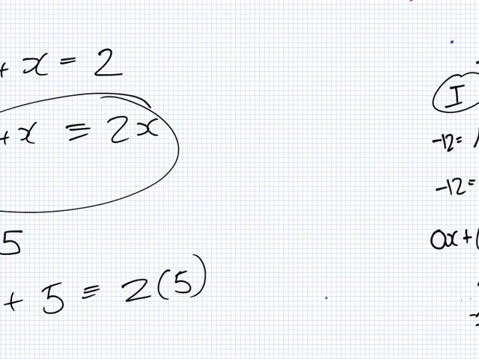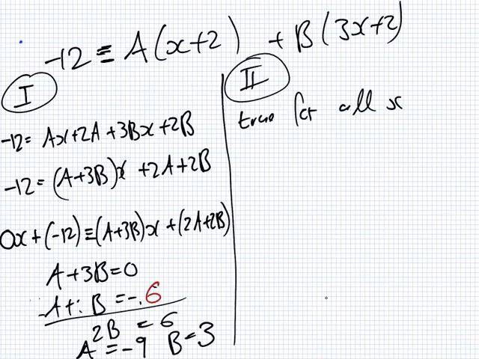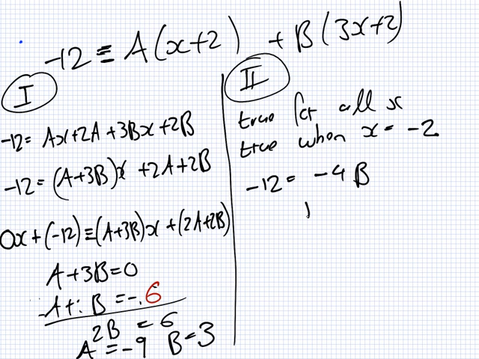So likewise, if this is an identity, it's true for all x. So it's true when x equals minus 2. And why did I pick minus 2? Well, if I pick minus 2, I get minus 12 equals minus 4b. So b equals 3.